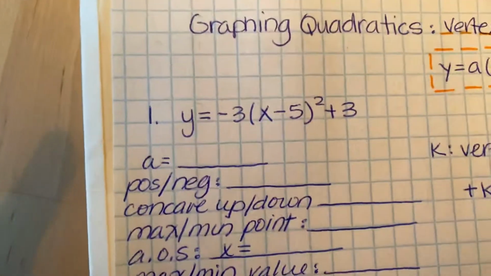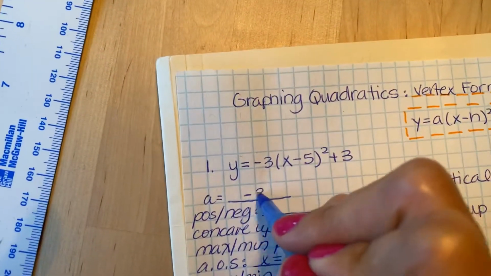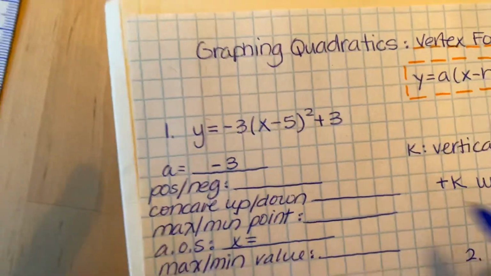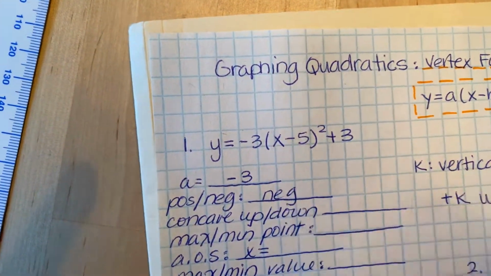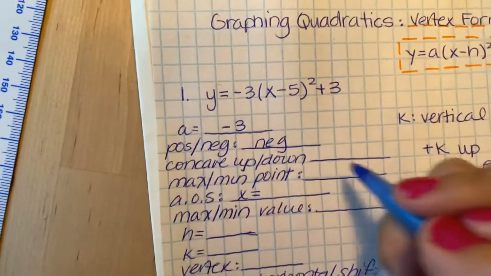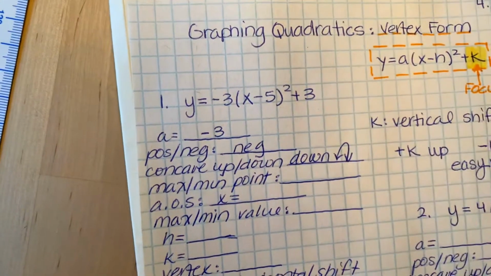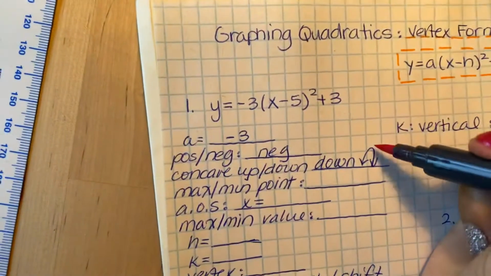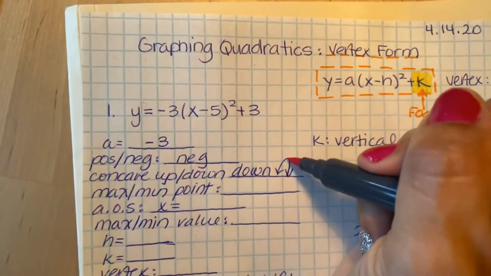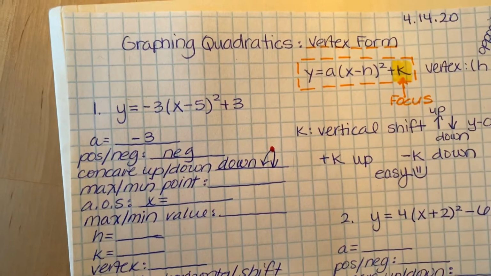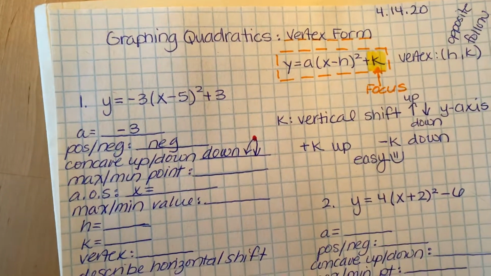All right. So what is my a value? -3. My a value is negative. If it's negative, it is concave down, right? So it looks like that. Again, if it's negative and it is concave down, that means that my vertex is at the very tippy top, right?